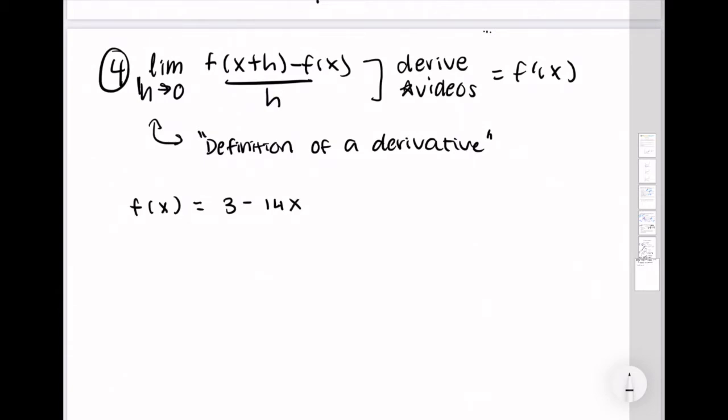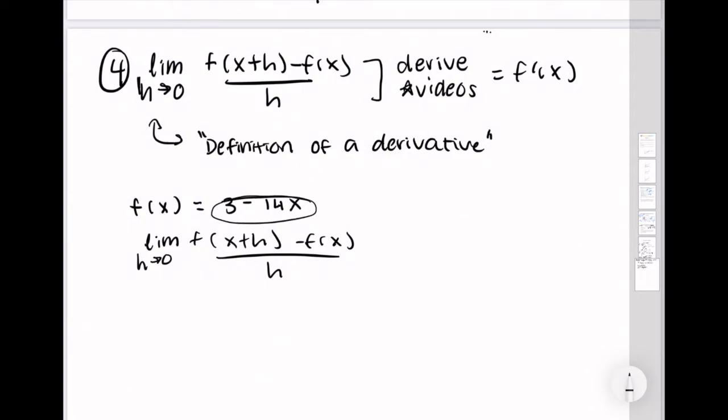If we wanted to use the definition of the derivative to find the derivative of this function, then we would take our equation, the limit as h goes to 0 of f of x plus h minus f of x over h, and we would plug in this formula basically every time where we see f of something.